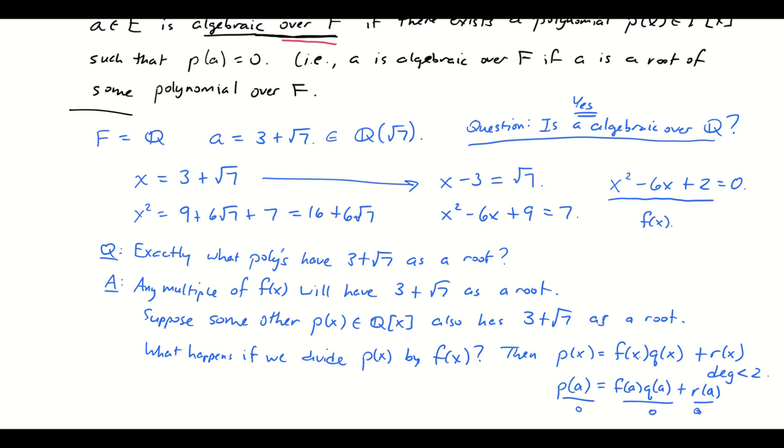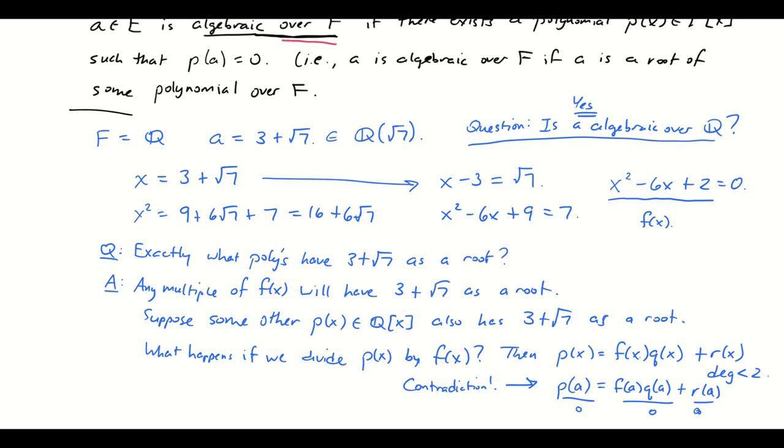I don't think you're going to find one. So we run into a contradiction, based on evaluating both sides of the equation at a. So actually it turns out that only the multiples of x squared minus 6x plus 2 have 3 plus root 7 as a root.